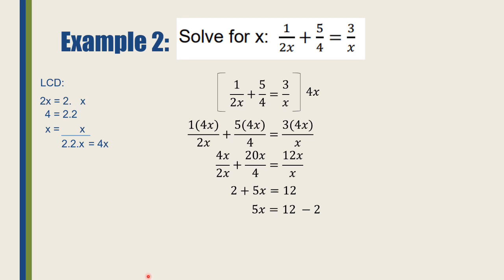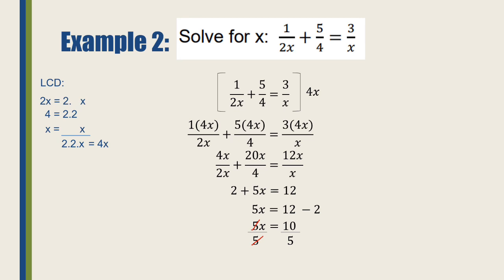Okay, then 2 transposes to the other side, that will become negative 2. Then 5x is equal to 12 minus 2, which is 10. Okay, then divide both sides by 5, then cancel out the 5, so the remaining will be x.